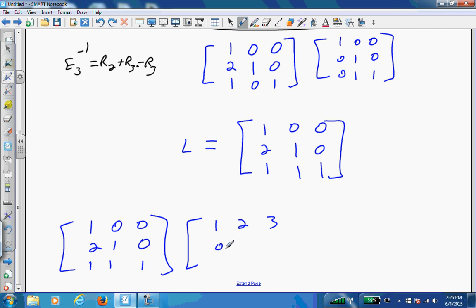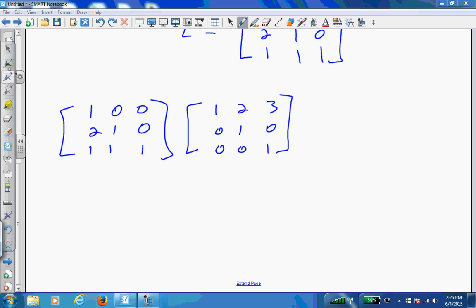So let's multiply that out and see if that really is A. So row and column, row and column, so that's 4, 5.